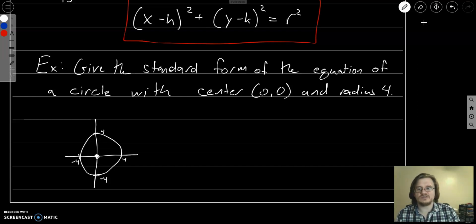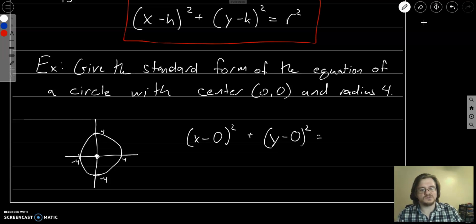And let's use our equation up here. We have x minus the x coordinate of the center squared plus y minus the y coordinate of the center squared should be equal to the radius squared. Now I can simplify this. x minus 0 is just x, so x squared. y minus 0 is just y, so y squared.